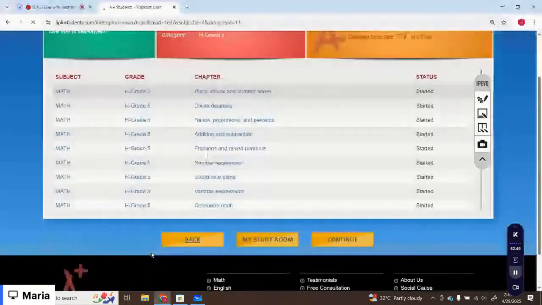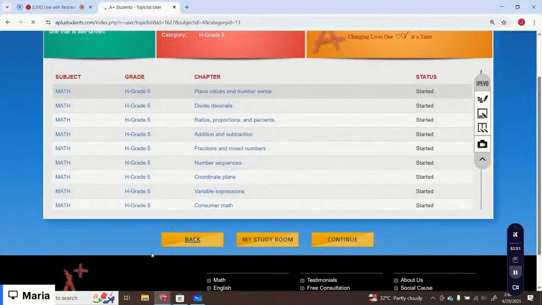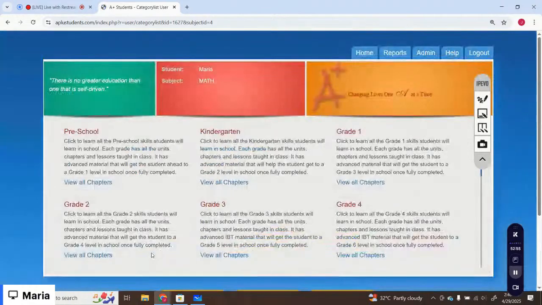For any of the lessons, you can simply click on the live chat button. Tutors are available there to help you, or you can write down the question in the chat box.